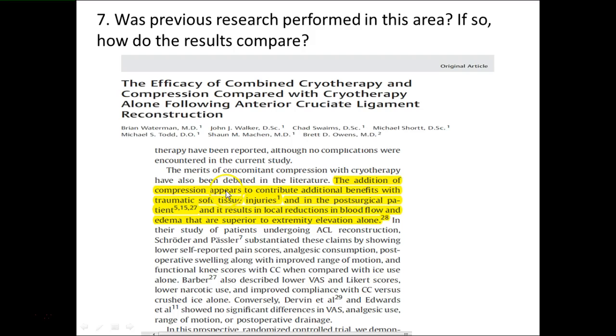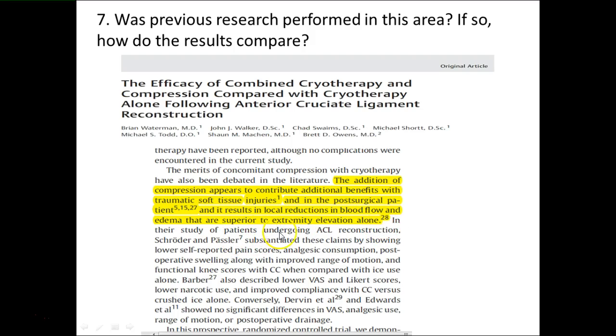The addition of compression appears to contribute additional benefits with traumatic soft tissue injuries and in the post-surgical patient, and it results in local reductions in blood flow and edema that are superior to extremity elevation alone. And you can see that they are referencing previous research, right?